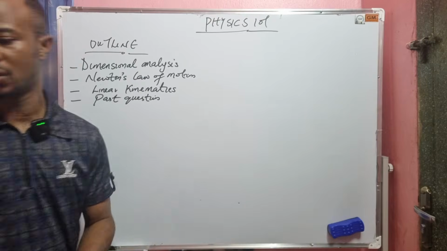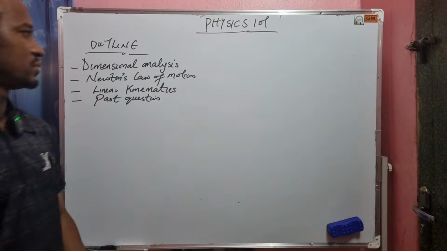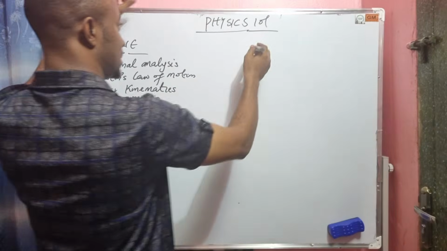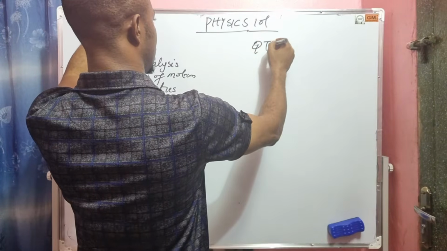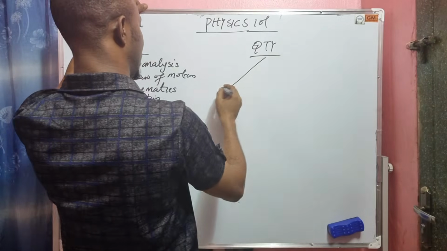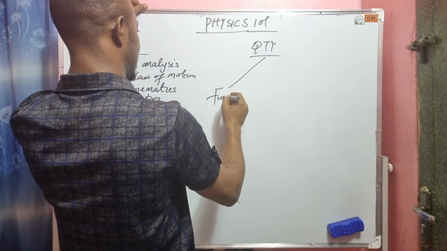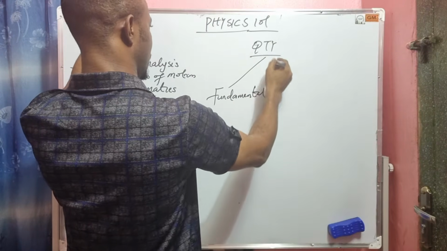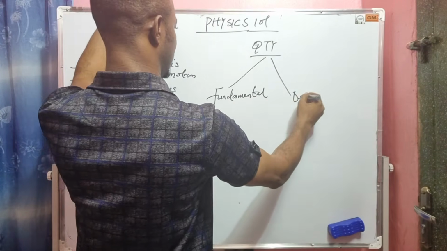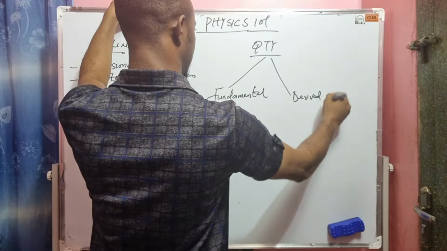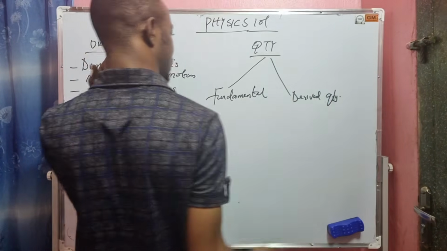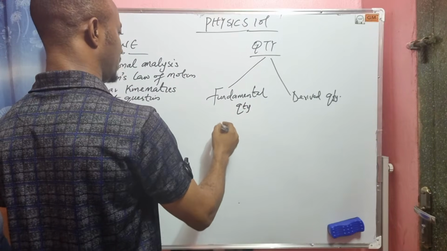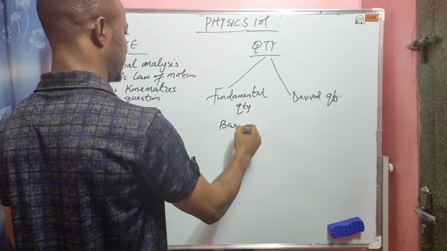You know, we have two types of quantities. Quantities in physics are grouped into two. We have what we call the fundamental quantities, and we have what we call the derived quantities. Fundamental quantities, we call them the basic quantities in physics.